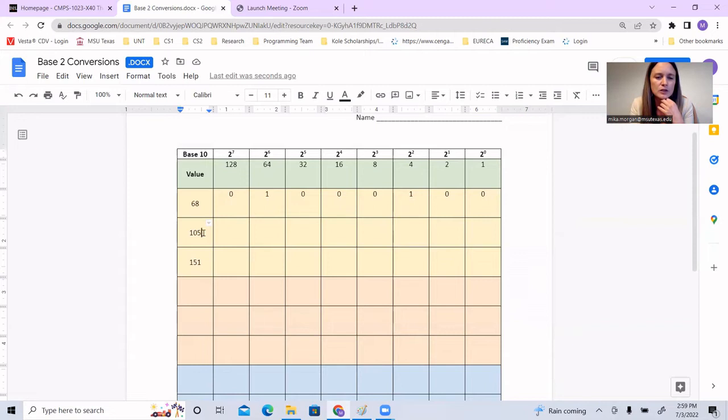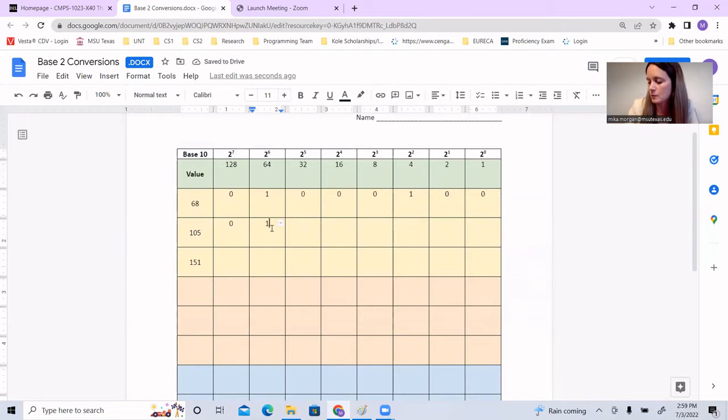So like if you were going to do 105, if you wanted to test yourself, you could maybe pause the video, see if you were able to figure this out on your own, and then come back and see if you were right. If I wanted to represent 105, I do not need 128 because that's bigger than what I want. But I do need a 64.